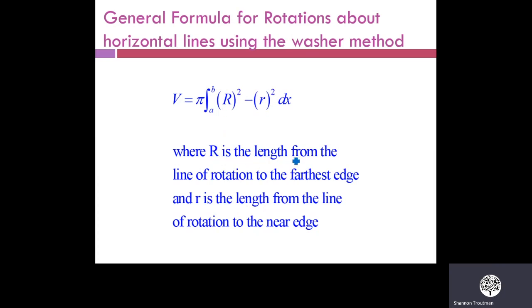Big R is the length from the line of rotation to the farthest edge, and little r is the length from the line of rotation to the near edge. The important concept is that your radius is always the length from the line of rotation to the near edge, whichever edge is closer. But we don't have to worry about that right now because we're only rotating about the x-axis.